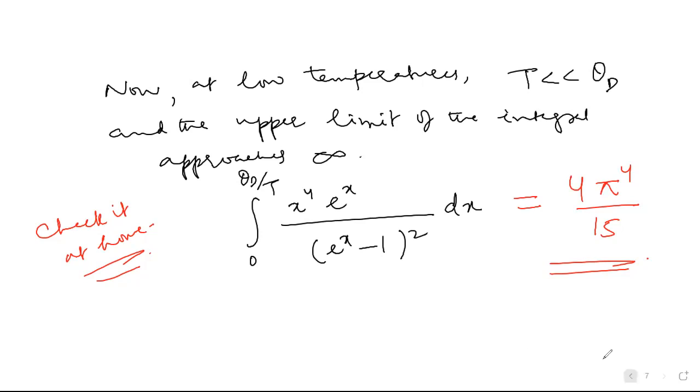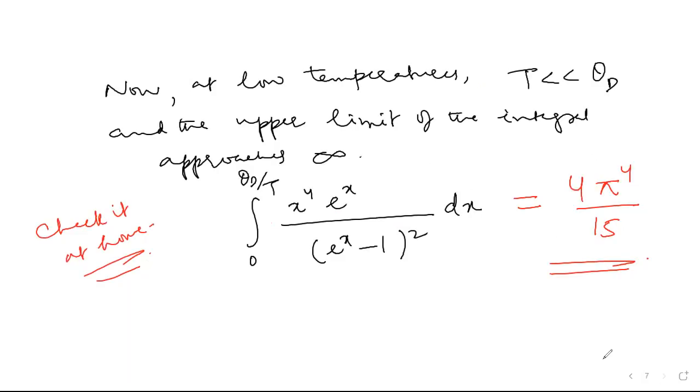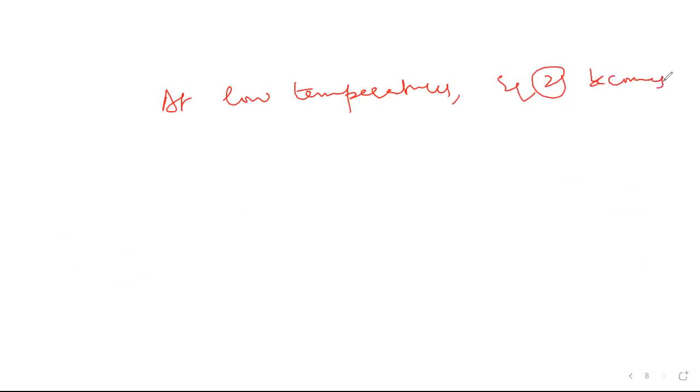When we substitute this value in equation 2, so at low temperatures, equation 2 becomes, we have CV equal to 9R times (T over theta D) cube.